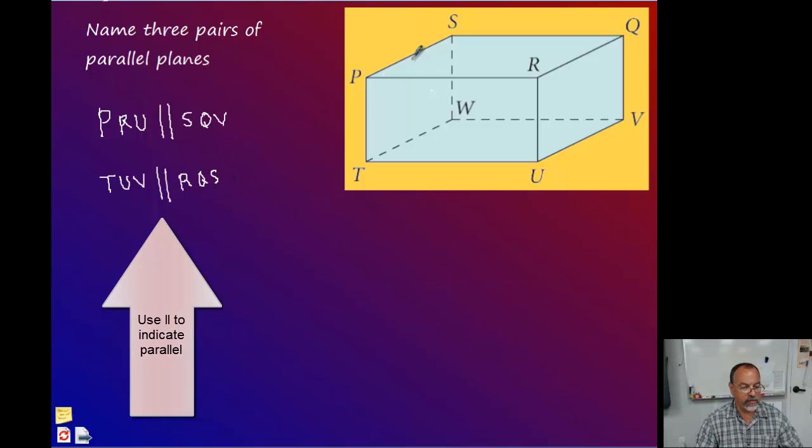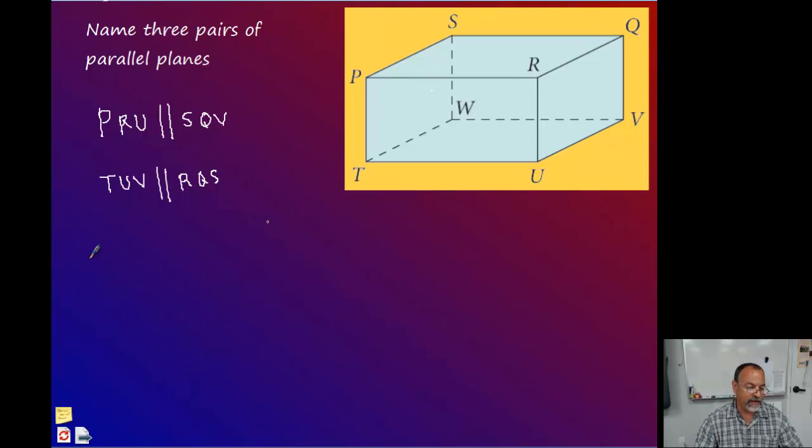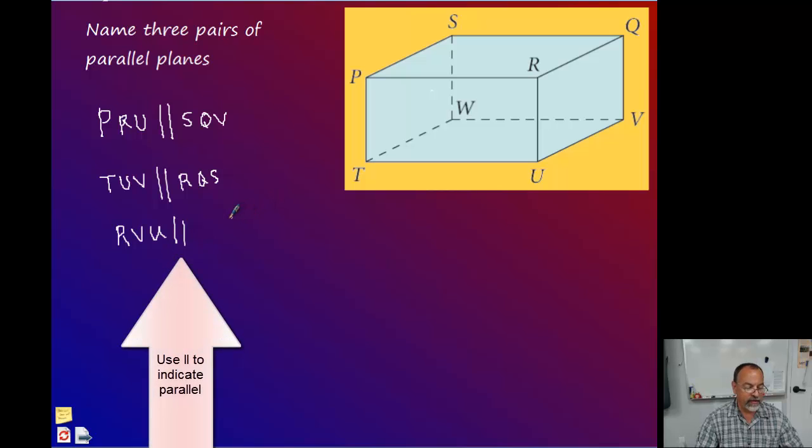One other pair would be the right side and the left side. Any three letters from the right, I could use R, V, and U, is parallel to any three letters from the left side of the box.